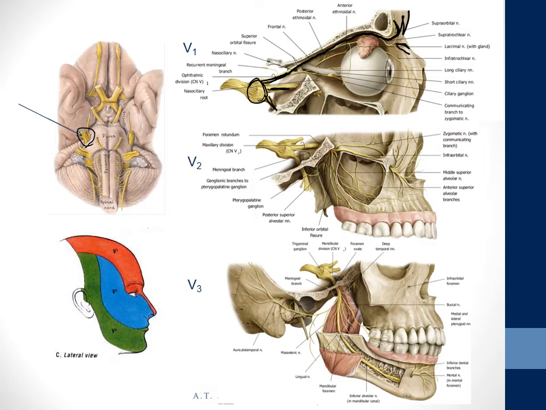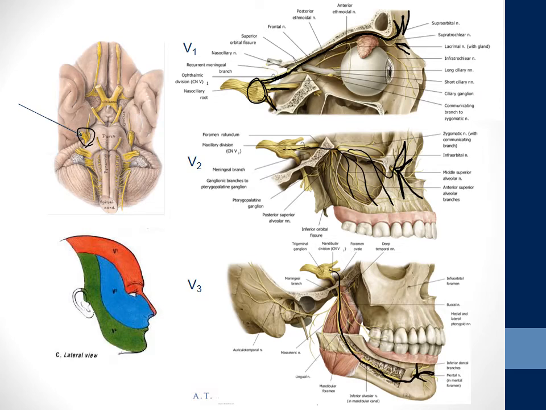You can follow the same path for V2 and V3. V2 is going to eventually give general sensation to your teeth and out onto your cheek and your nose. And V3 is going to give innervation to your lower teeth and general sensation out onto the chin.